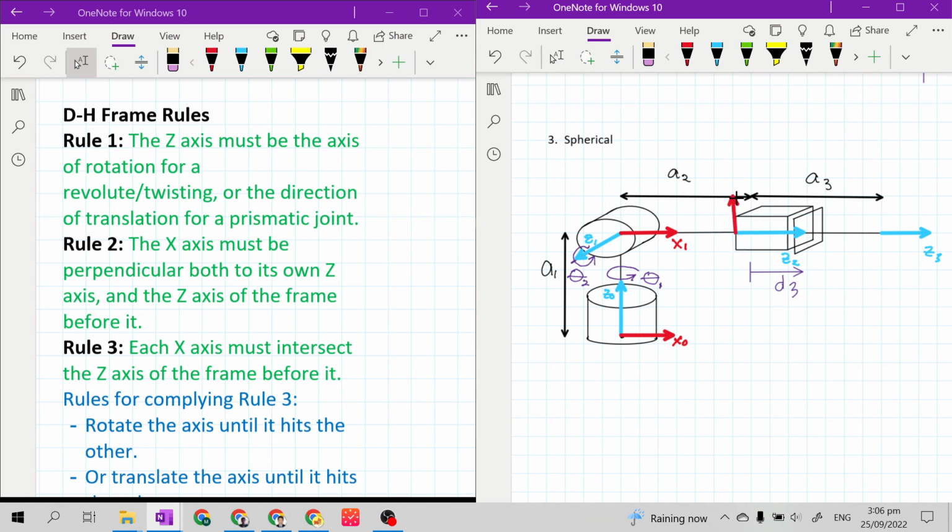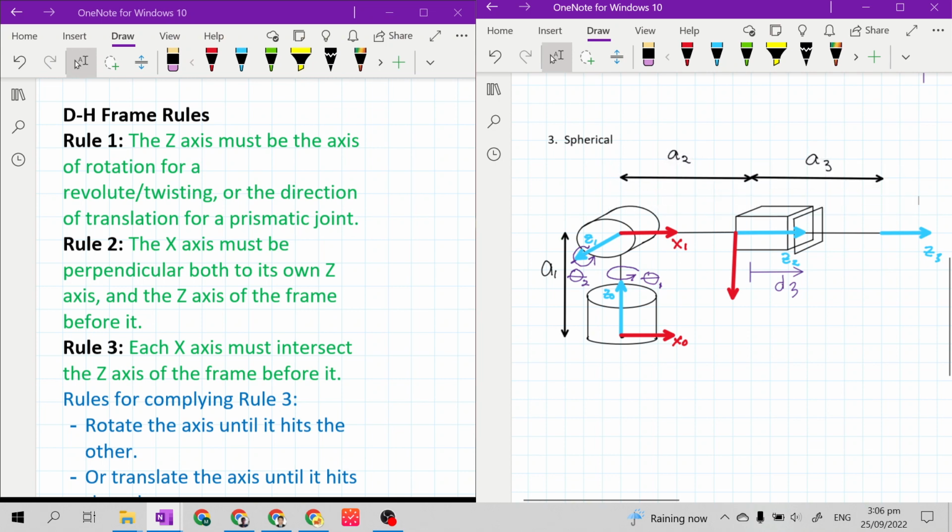So I will choose the bottom, or sorry, the top. I'll choose the top to make it easier for me to look at it. I will put a 2 and 3 here. Okay.